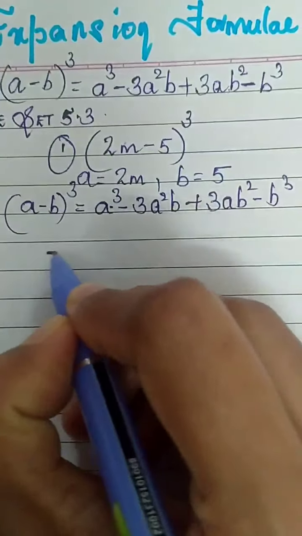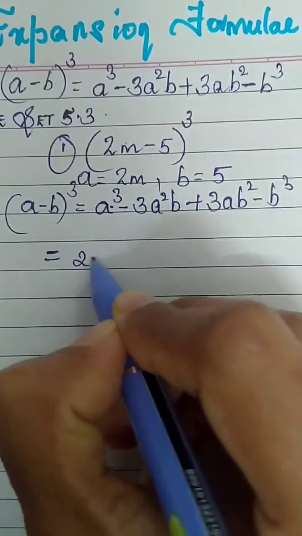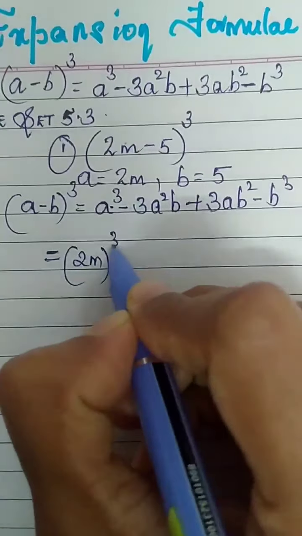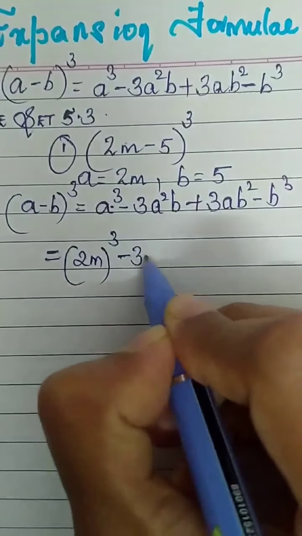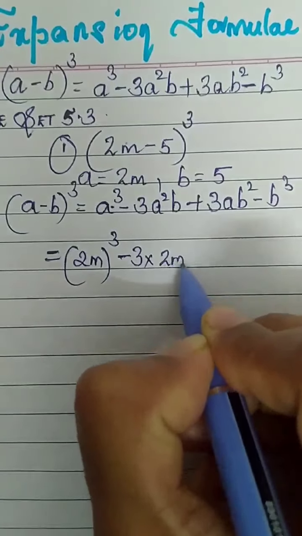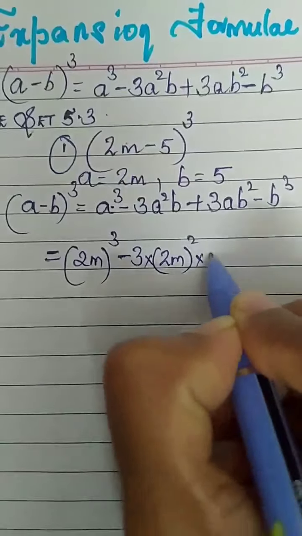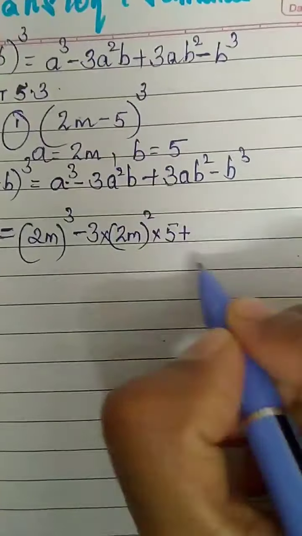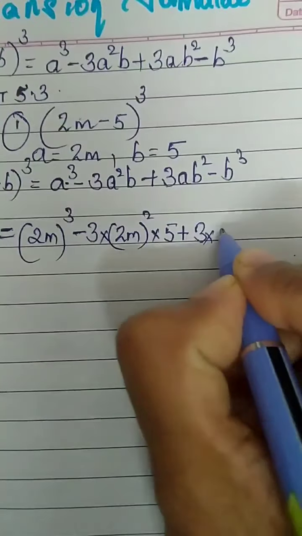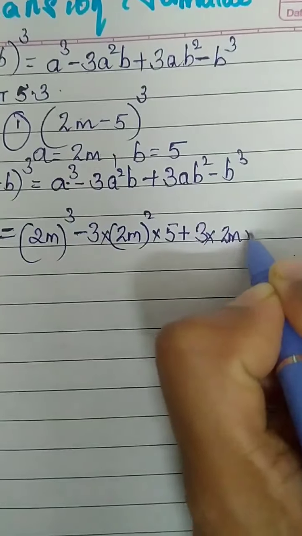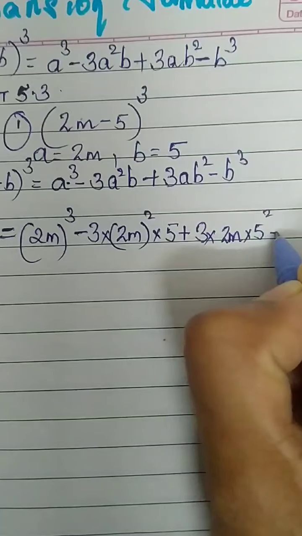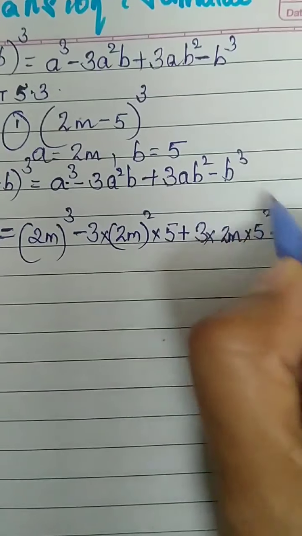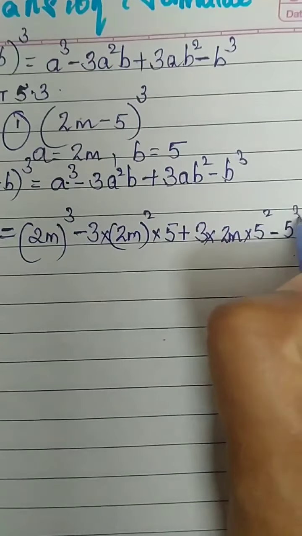Now in place of a put 2m carefully. (2m)³ − 3 × (2m)² × 5 + 3 × 2m × 5² − 5³.